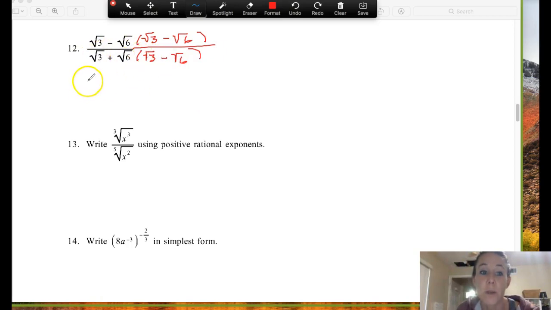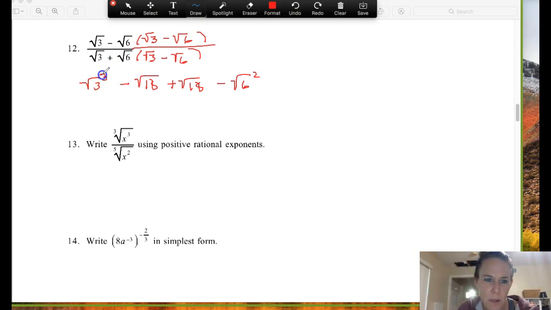Root 3 times root 3 is root 3 squared, which is 3. Then root 3 times negative root 6 will be negative root 18. Root 3 times positive root 6 will be positive root 18. And then root 6 times negative root 6 will be negative root 6 squared. So that's my bottom.